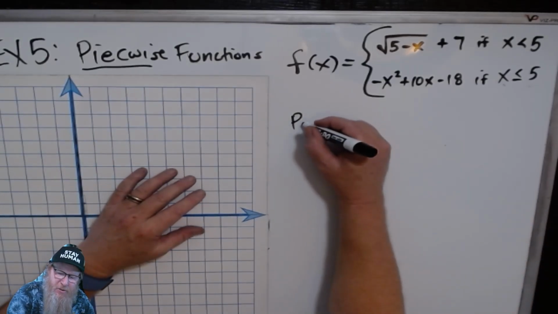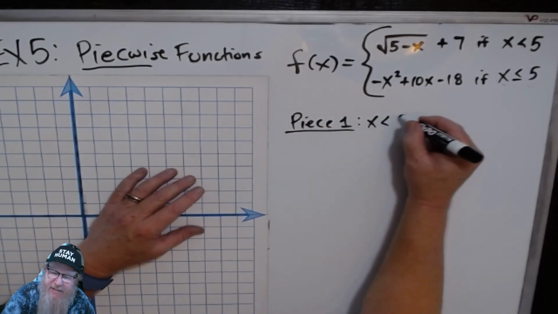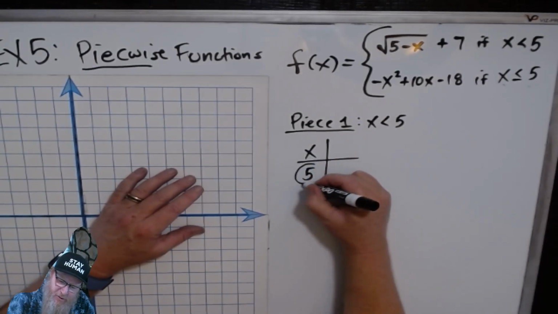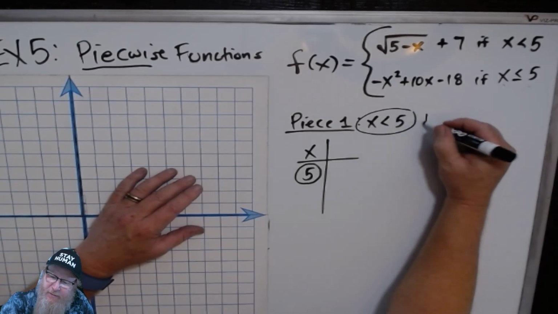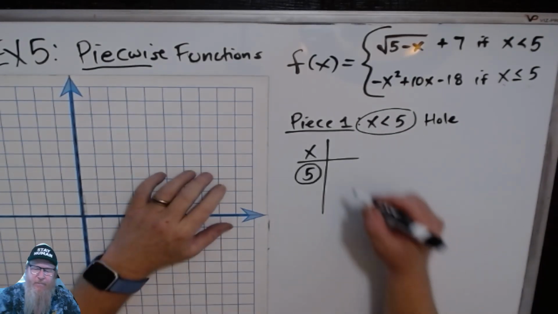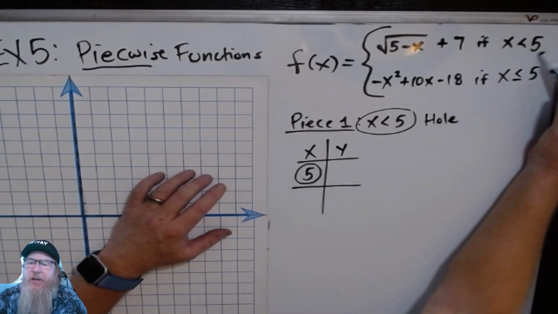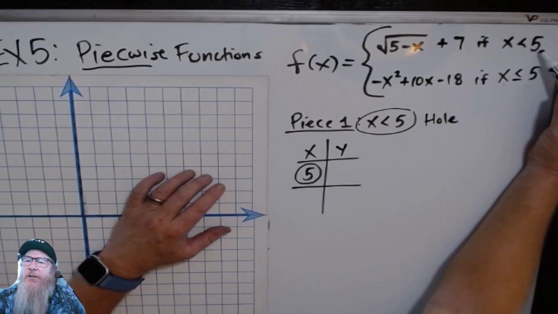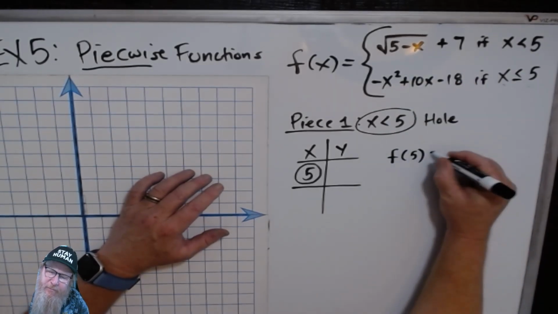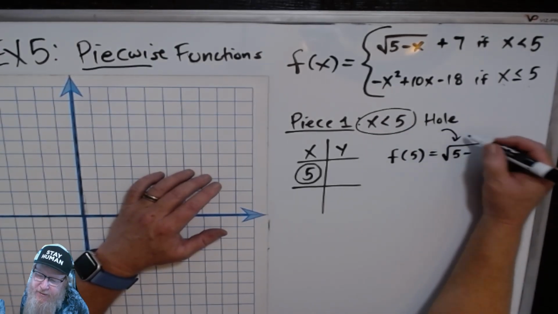So we're going to make two pieces. Piece 1, x is less than 5. When I make my chart, I always like to put a circle around the one that's open, because that's going to be a hole. Now, I don't know what the y value is. The x value usually comes prepackaged with the equation. You have to plug in the x value to get the y value. I'm plugging it into piece 1, so this is a hole.